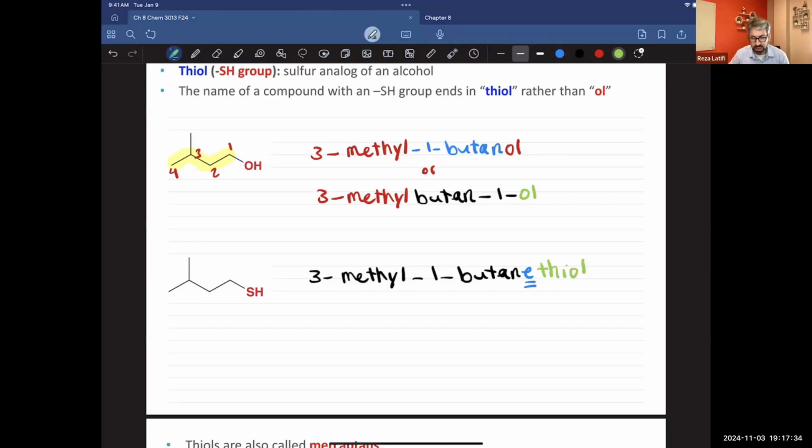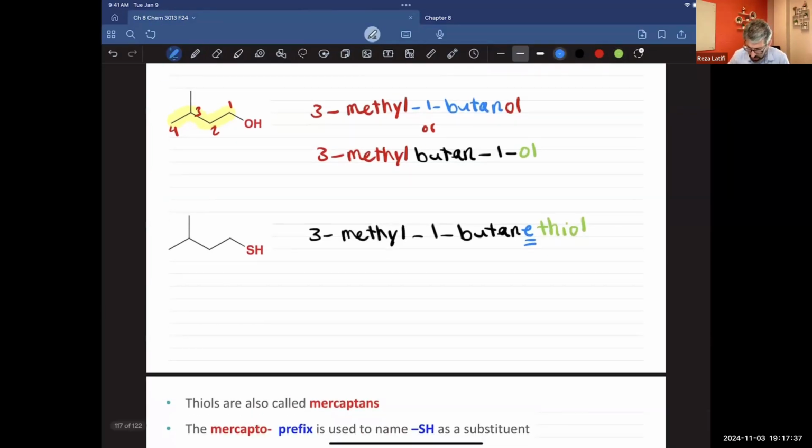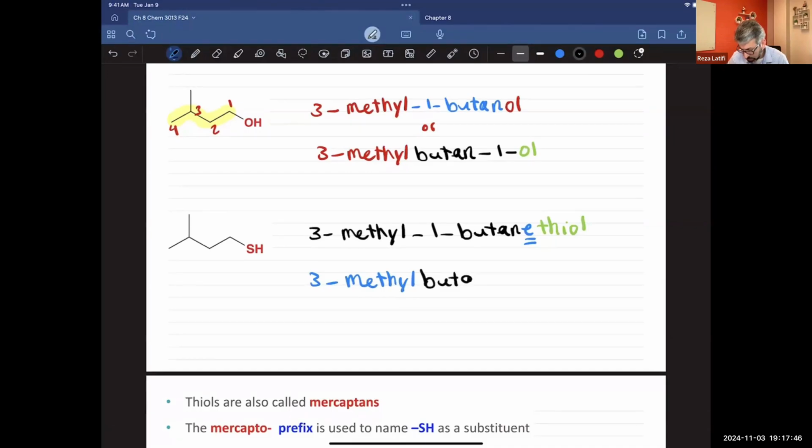Be careful about this. Or we can say 3-methyl butane dash 1 thiol. So we kept the E. We did not remove the E from the end of the name.